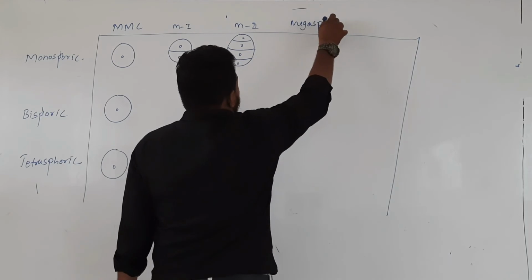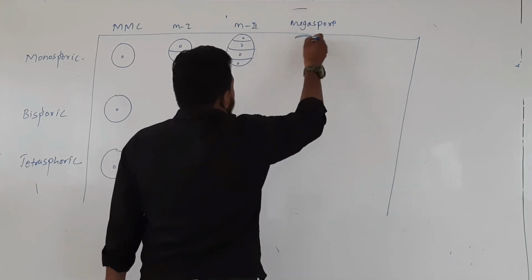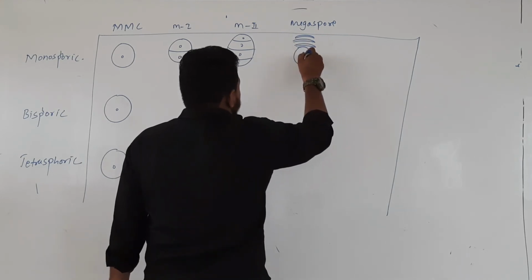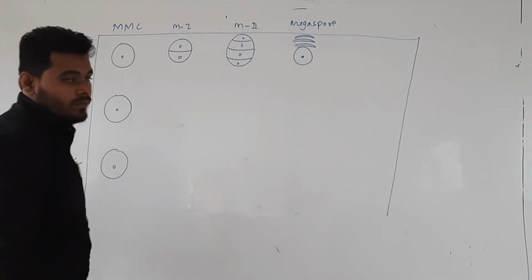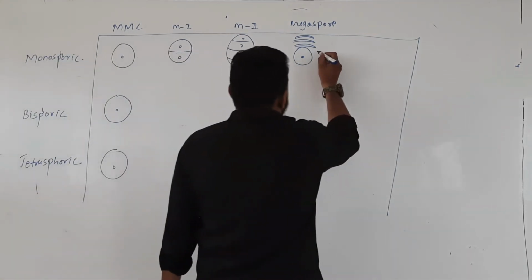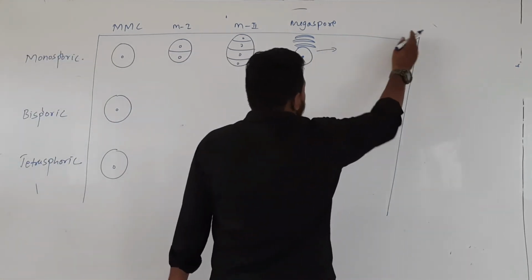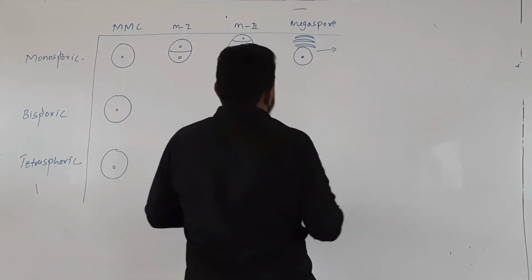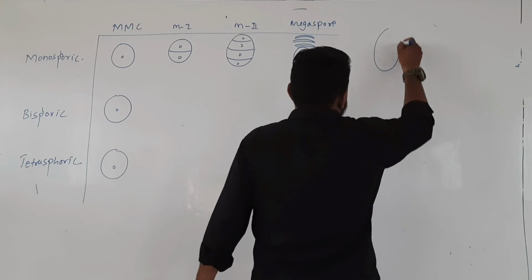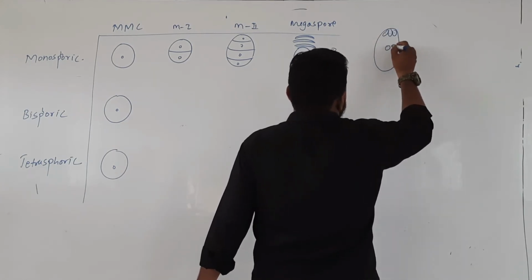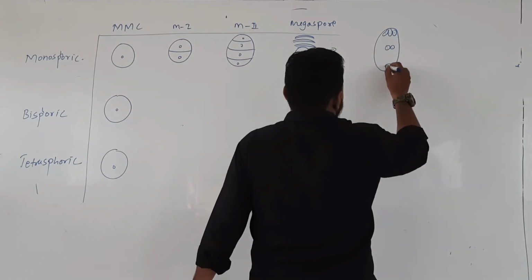How many megaspores will be there? 1 functional megaspore. They later develop into embryo sac.